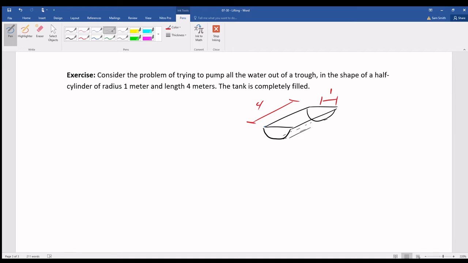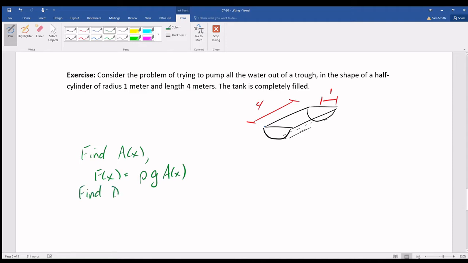Now this is the moment where we have got to go back through this process of first of all finding a random slice at a random position to find the area of that slice so that we can find the force on that slice by taking area times the density of water times the acceleration due to gravity.